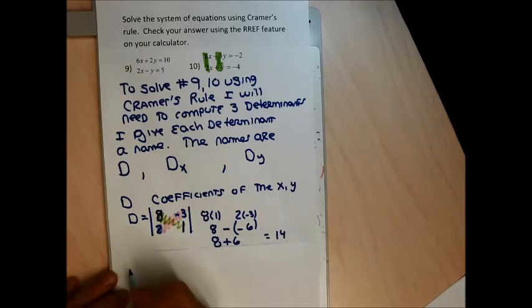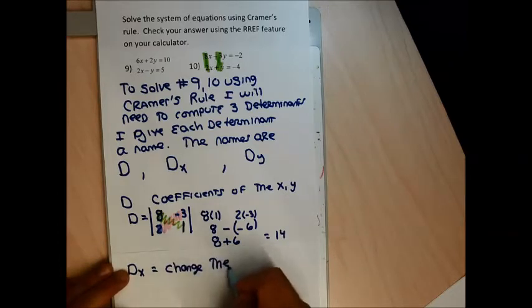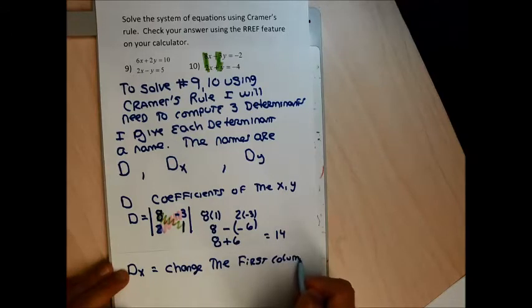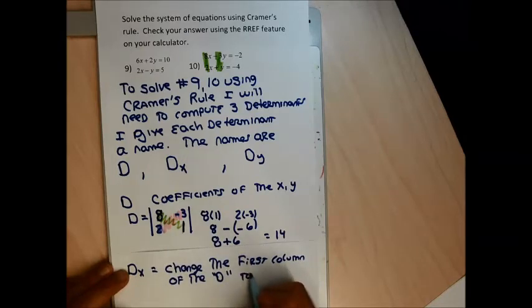For D sub x, which is the second one, I'm going to change the first column of the D to have the numbers that are to the right of the equal sign.